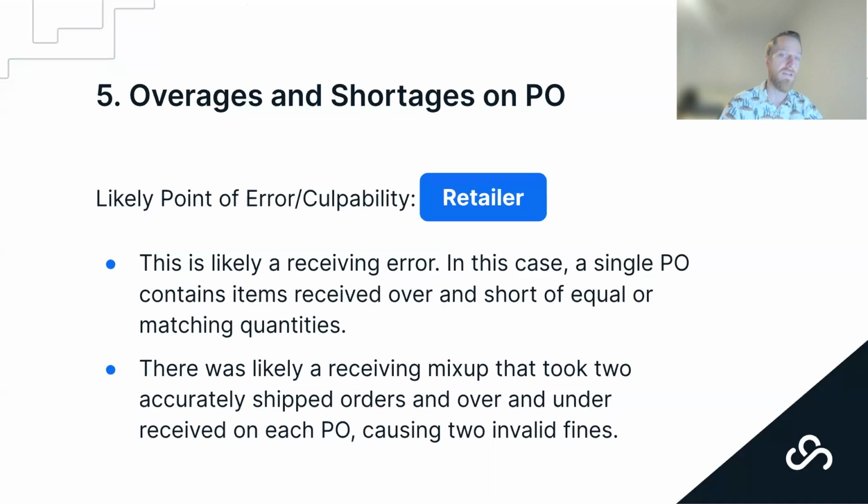So Walmart won't pay you for the extra goods on the over item, but they will withhold payment on the item that they marked as short. So now you have a shortage deduction. If you can spot a PO where you've got some items over, some items short, this is likely a retailer failure scenario and a very good reason to dispute.